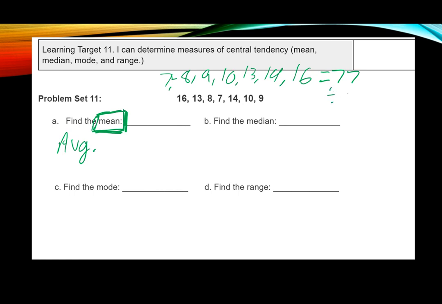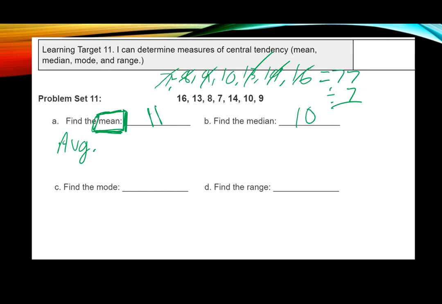And then divide that by however many numbers we have here, which looks like 7. So our mean should be 11. Our median is going to be if we cross off those numbers, starting from farthest left, farthest right. So we're left with 10 in the middle.